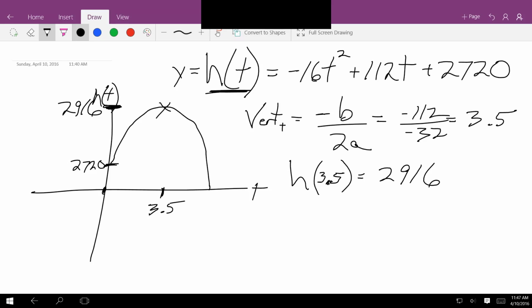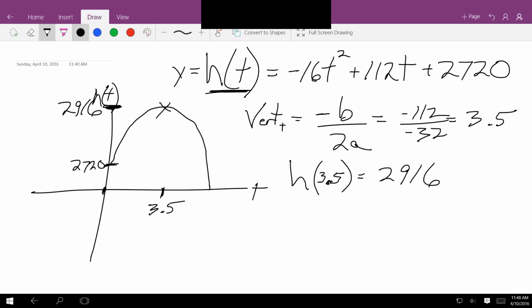Well, what is the height when it hits the ground? 2,916 feet. No. Look at my picture here. When it hits the ground? It was fired from either the top of a platform or the side of a hill or something. But when it hits the ground, it's talking about the ground being at height 0.